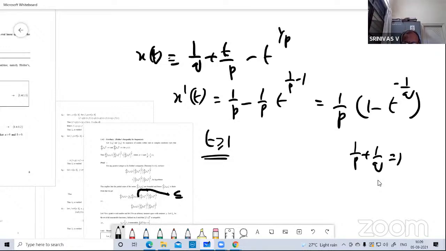You consider t power minus 1 by q. Why is it not writing?